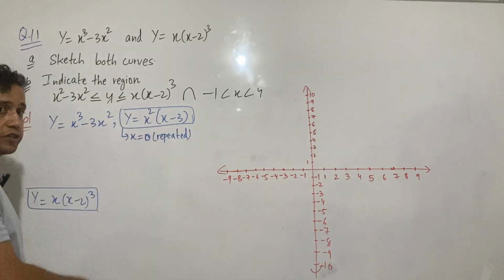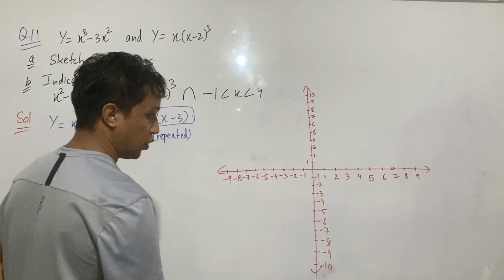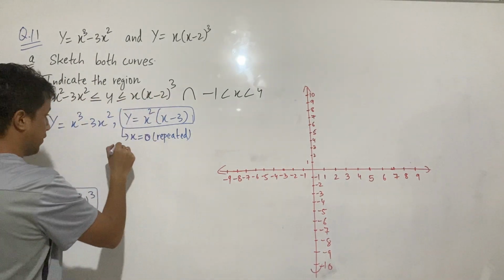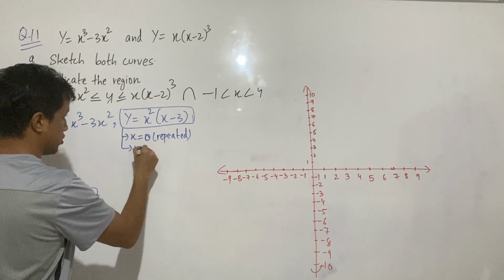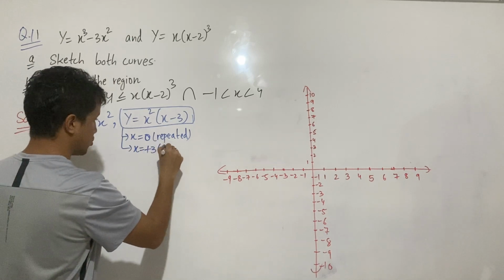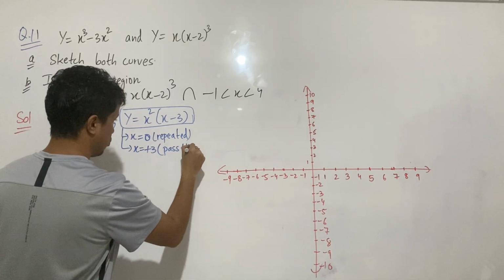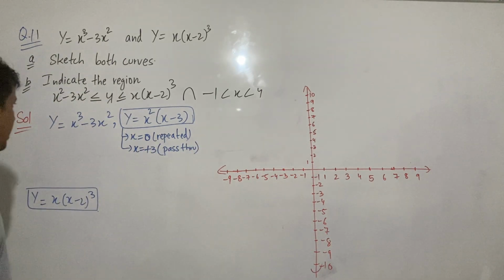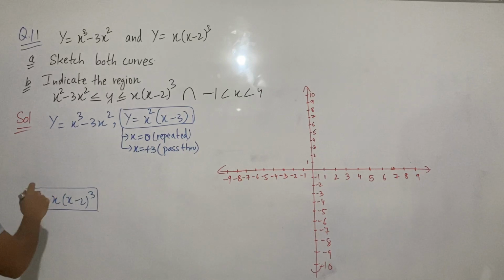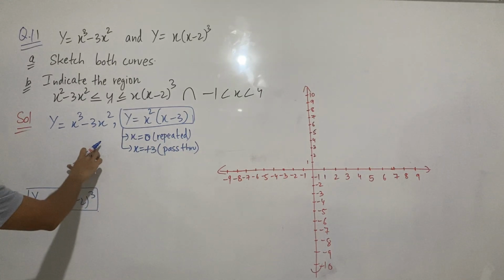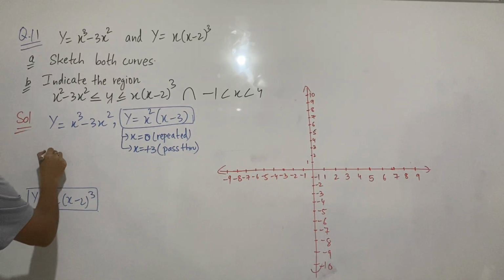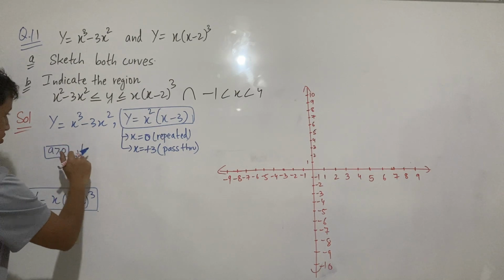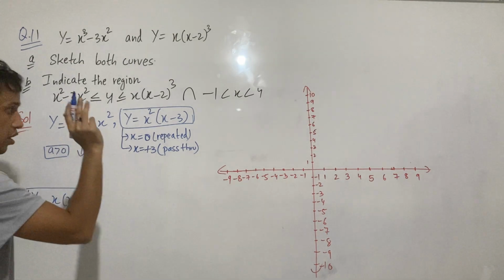So at this point, the curve will touch the x-axis and bounce back. And then at x equals 3, it passes through. Also the end behavior: this is cubic, a is positive, a is greater than 0. It means left side down, right side up.